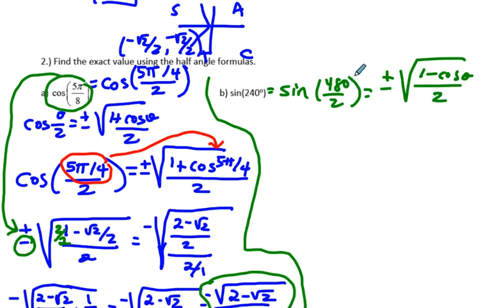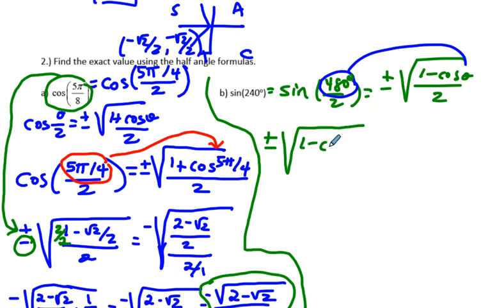And then 480 degrees is what goes in for the theta right here. So I have plus or minus square root 1 minus cosine 480 over 2.